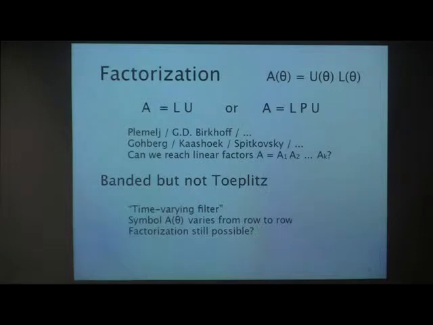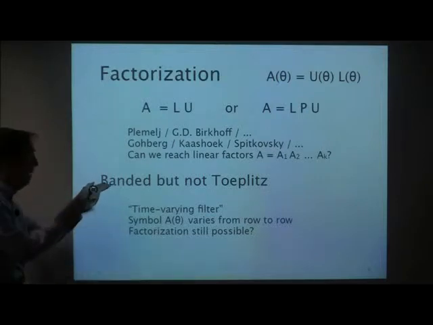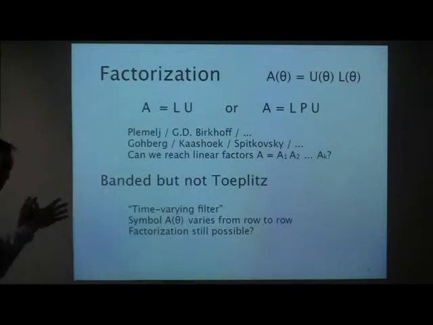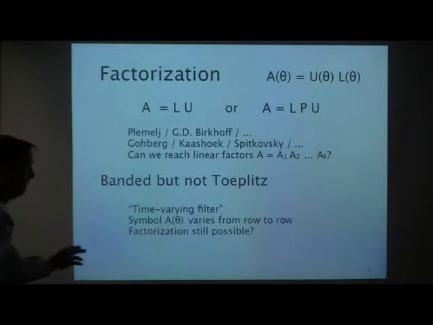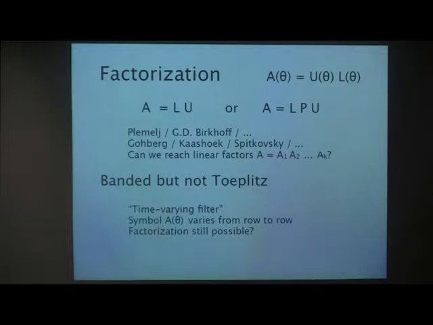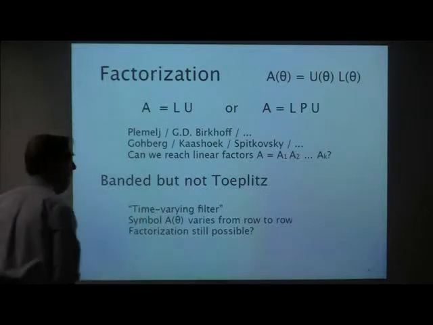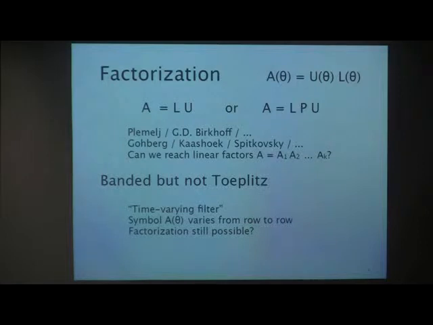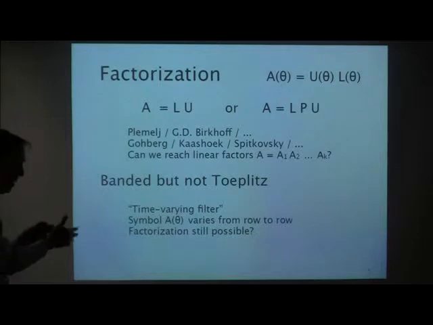Okay, now to the main theme, which is matrices, often doubly infinite, because I'm not going to worry about the boundary part. What's new is to deal with them when they're not Toeplitz anymore. So you could say a time-varying filter. If you think of the original matrix A, the convolution matrix, the Toeplitz matrix, as a filter. It's such an important class of matrices, we have all these words for it.